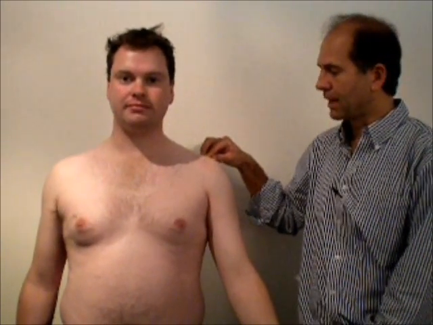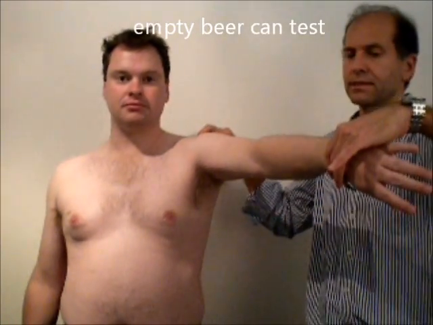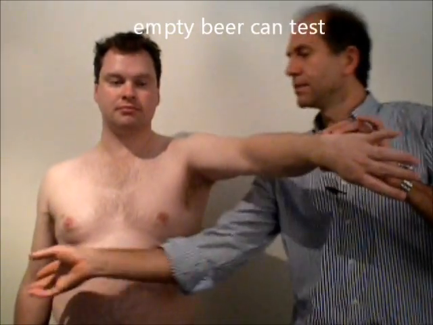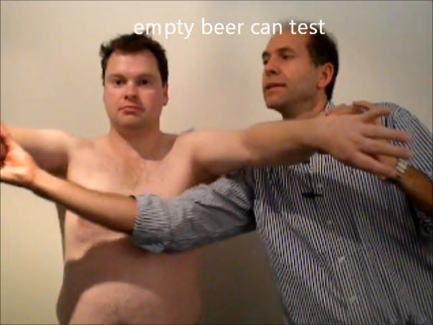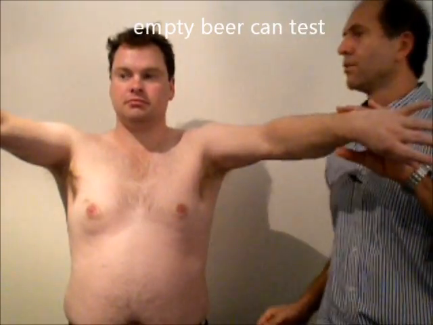The test for shoulder impingement, or impingement of the supraspinatus, one is called the empty beer can test. Normally you stand in front of the person, and with the arms around 45 degrees away, we just test to see whether there are any symptoms as they push up in this position.